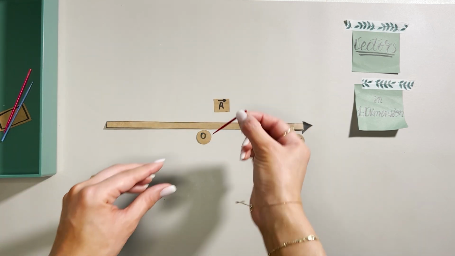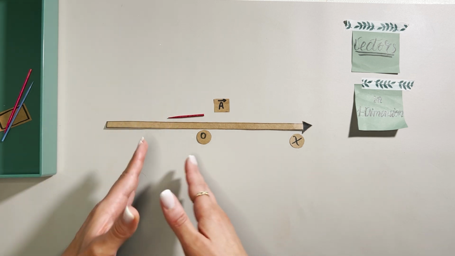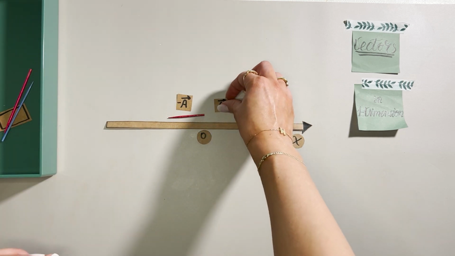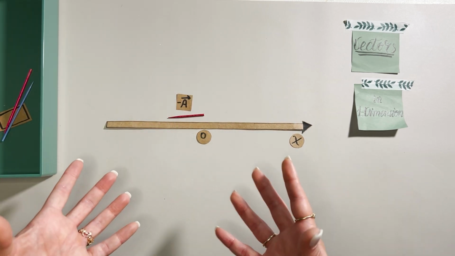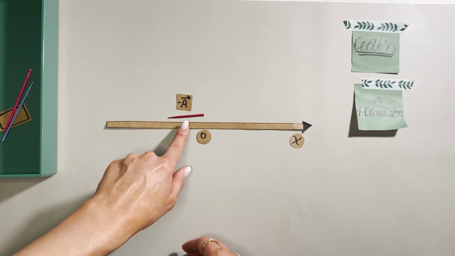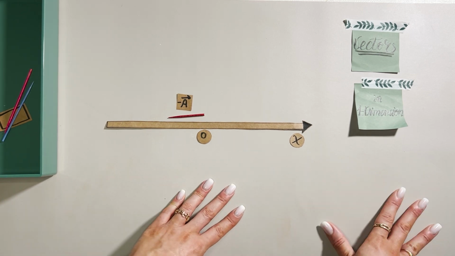Now, you can have vector A going this way. Now you have negative A, not positive A. What negative A is telling you is that this vector is pointing opposite of your chosen positive x direction.